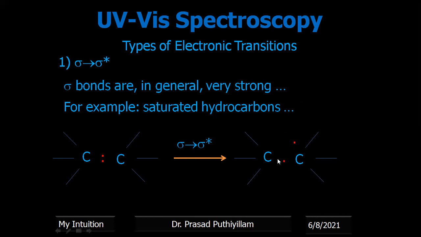It is not bonded with the next carbon. Therefore, we can say this is the sigma star case. Now I think it is clear that whenever we say an electron jumps to a higher energy level, it is not going away from the molecular system. It is still there, but it is not forming a stable configuration. It becomes a less stable state.